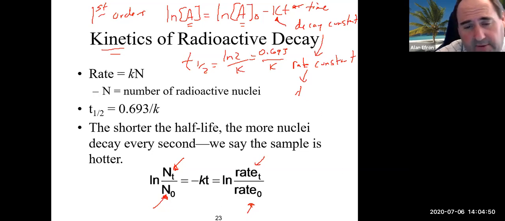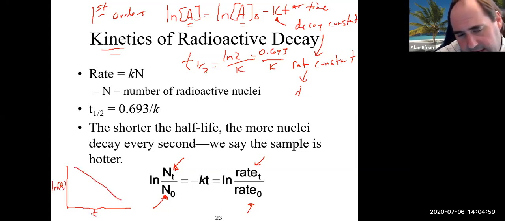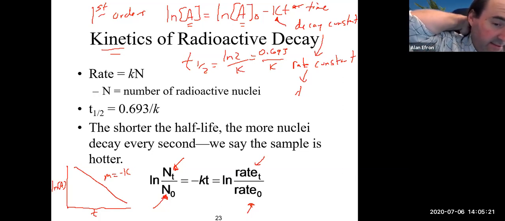And there is also a graph that usually goes with our first order kinetics, and that is the natural log of A versus time, which gives you a straight line where the slope equals the negative decay constant. 0.693 is what you get when you take the natural log of 2 on your calculator, so you'll sometimes see 0.693 used instead. If you take natural log of 2 and hit equals, you should get something like 0.693.